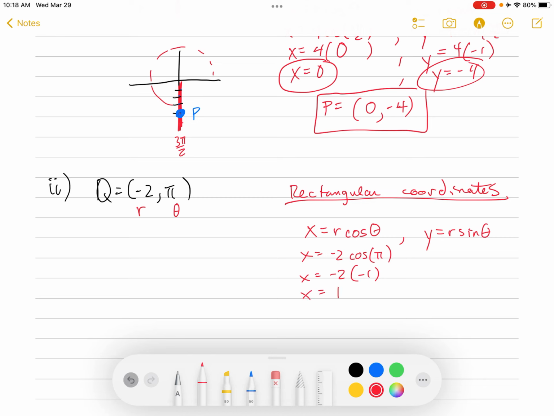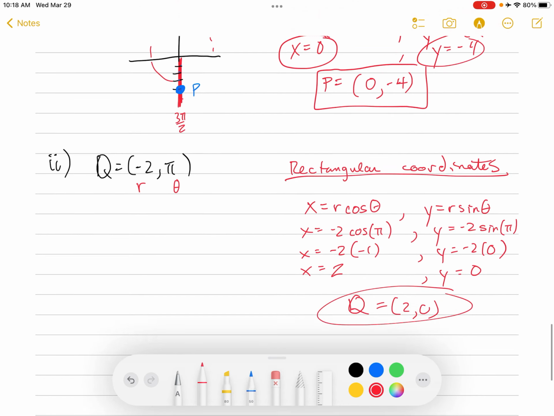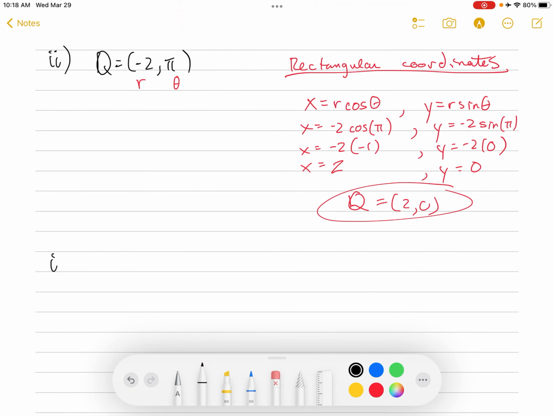We know the cosine of pi is -1, so we've got -2 times -1 is 2. And for y, we've got -2 times the sine of pi. We know the sine of pi is 0, so -2 times 0 is 0. So our polar point was -2, pi. Our rectangular point, this is called Q, is going to be 2, 0.